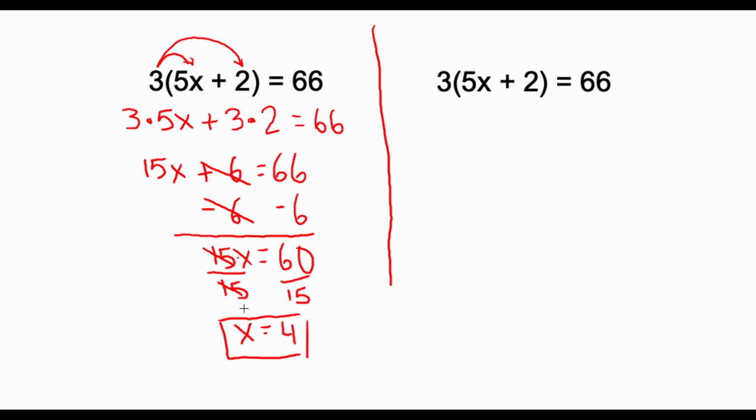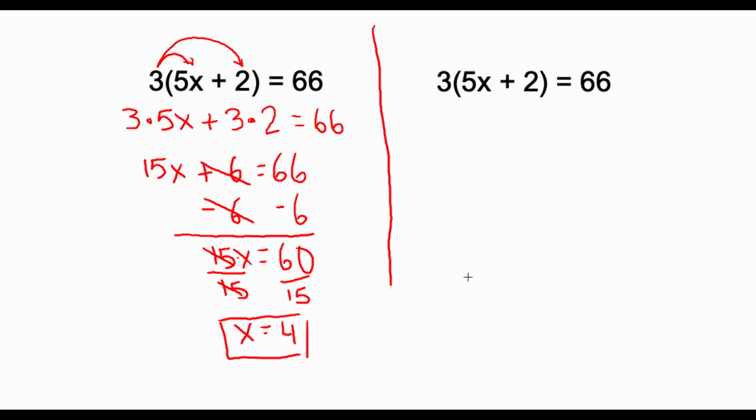All right, so here we solve for x by using the distributive property, and then eventually we isolated the x, leaving the x alone by moving terms one by one to the other side until you get to the answer of x. Now on this side, we're going to use a slightly different approach.